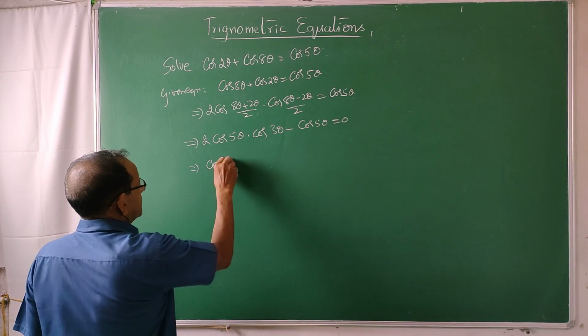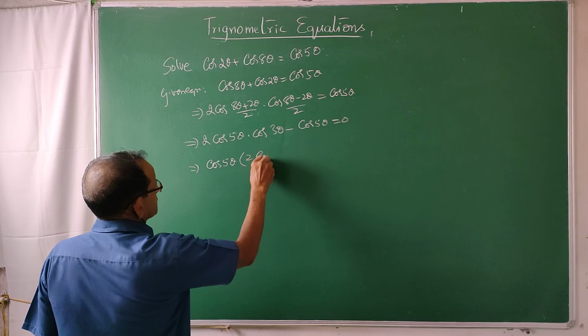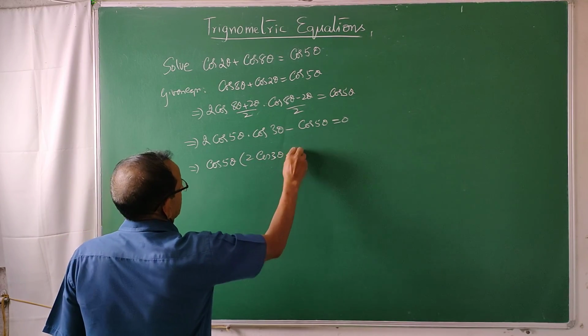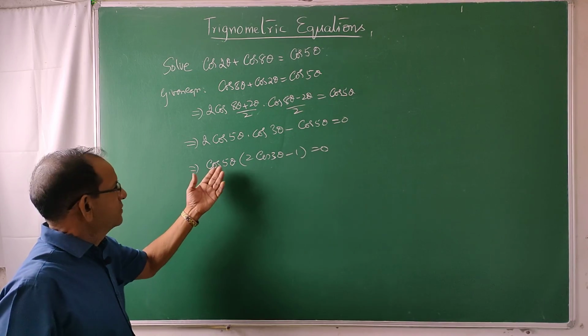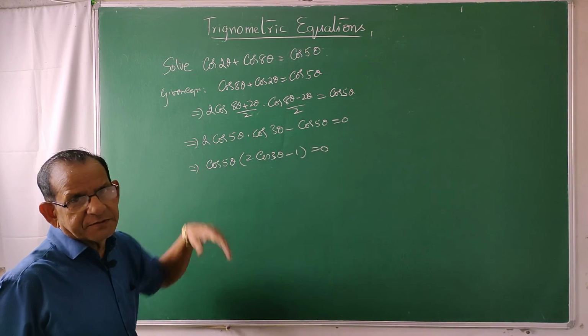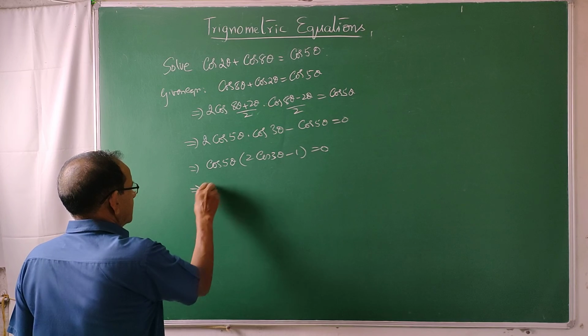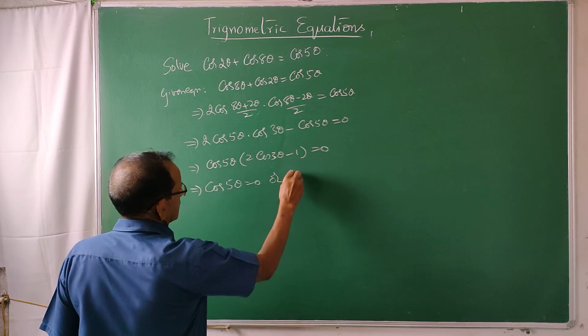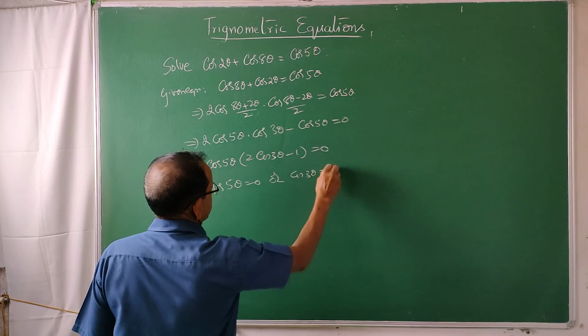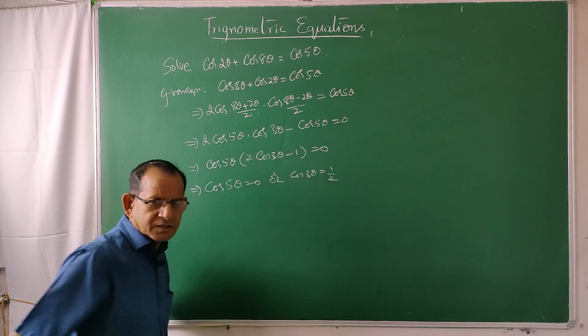Cos 5 theta into 2 cos 3 theta minus 1 is equal to 0. Because this product is 0, either cos 5 theta is 0 or this bracket may be 0. That implies cos 5 theta is equal to 0 or cos 3 theta is equal to 1 by 2.